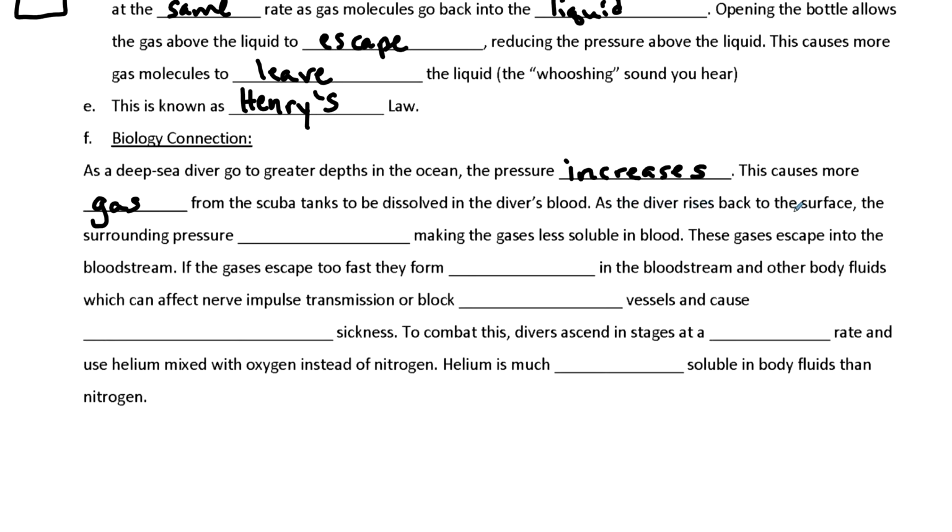As the diver rises back to the surface, the surrounding pressure decreases, and as it decreases, it makes the gases less soluble in the blood. So those gases actually escape into the bloodstream, and if they escape too fast, they form bubbles in the bloodstream and other bodily fluids, and that can affect nerve impulse transmission, or it can actually block the blood vessels.